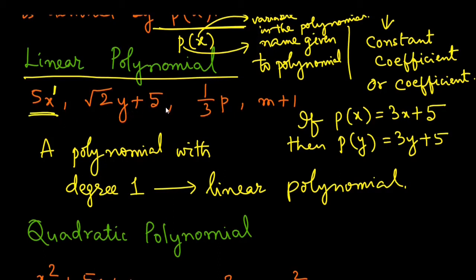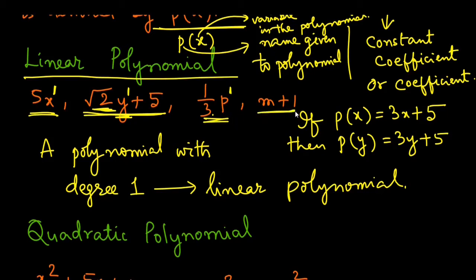Root 2y plus 5. Here the variable is y, the exponent of variable y is 1. So the degree of this polynomial is 1. Here we should not consider the coefficient. 1 by 3 p. Here the variable is p, its exponent is 1. So the degree of this polynomial is 1. So it is a linear polynomial.